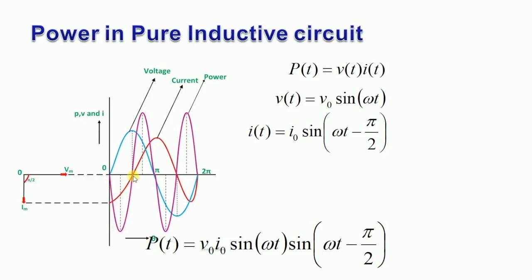That power is delivered by the source and it is stored in the inductor in form of magnetic field, and when the magnetic field collapses back in the second quarter of the cycle, the power is returned back, and here you can see that power fluctuations are with frequency double the frequency of voltage and current.